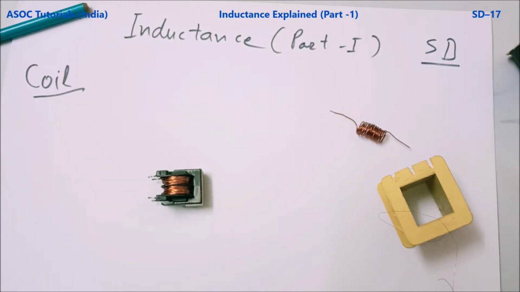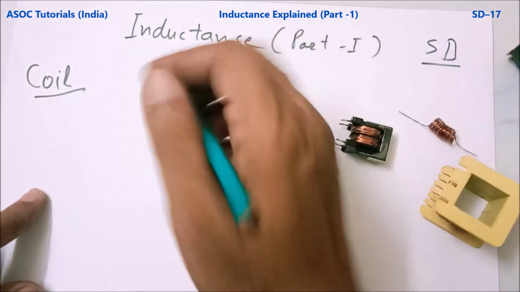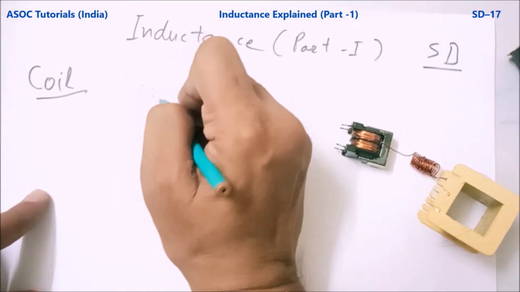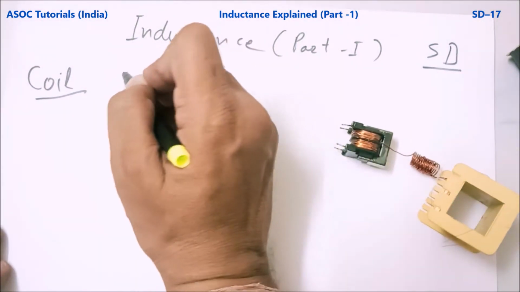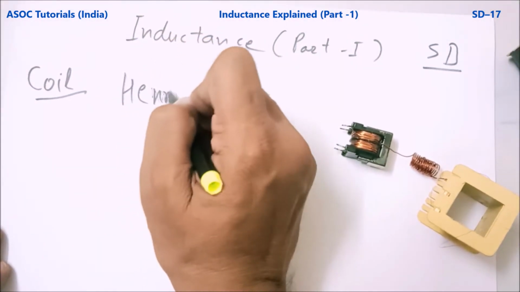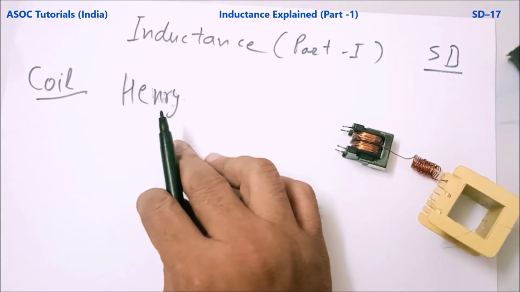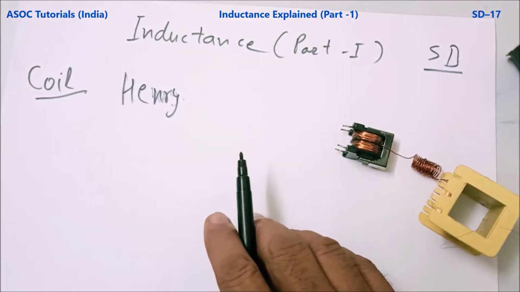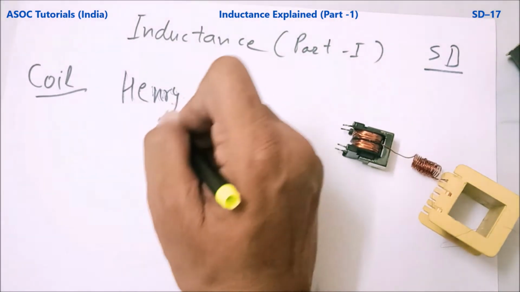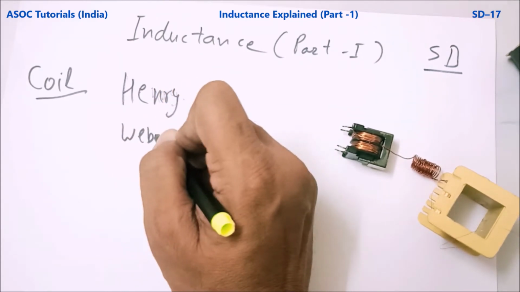The next question is, what is the standard international unit of inductance? The inductance unit is the Henry. The Henry is named after Joseph Henry, but also remember that it is a unit of Weber per ampere.